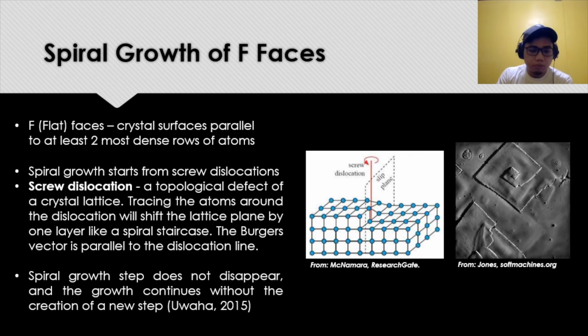Now, an interesting property of spiral growth is that the step itself does not disappear, and growth continues even without the creation of a new step. So spiral growth looks something like this, as shown in the photo on the right.